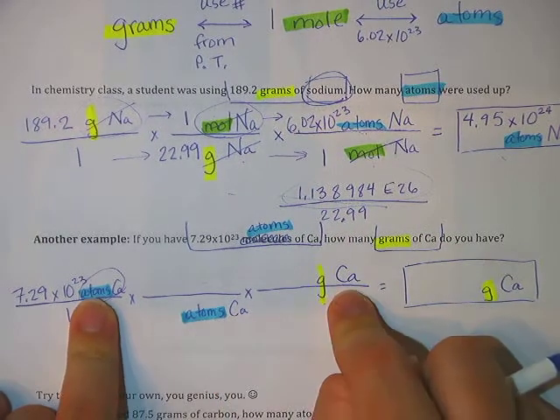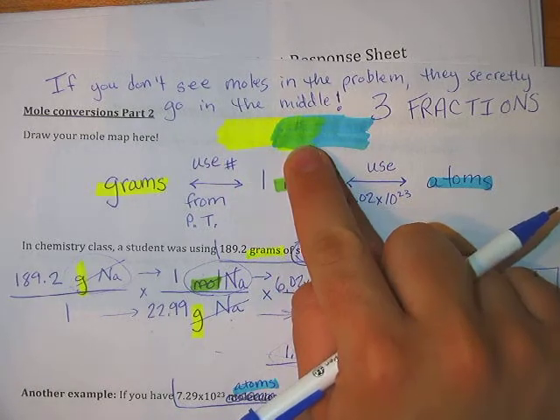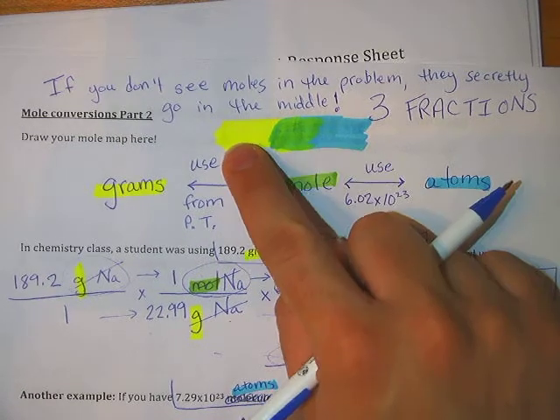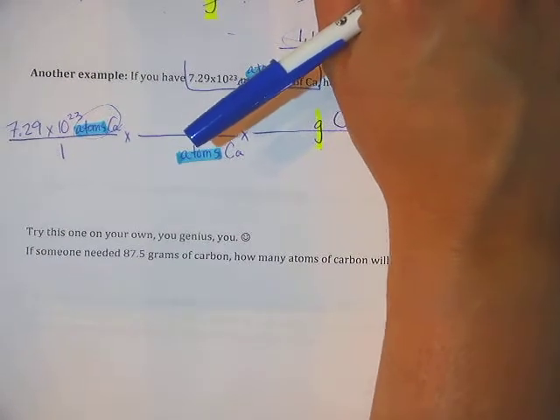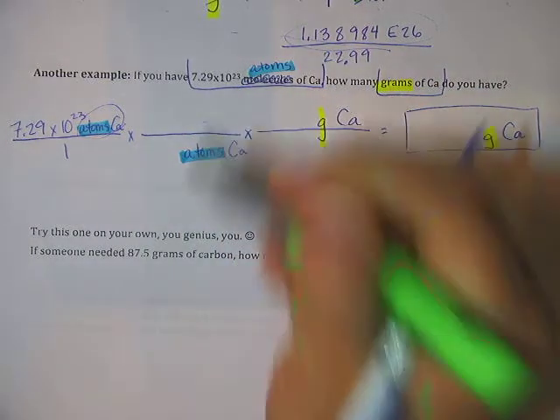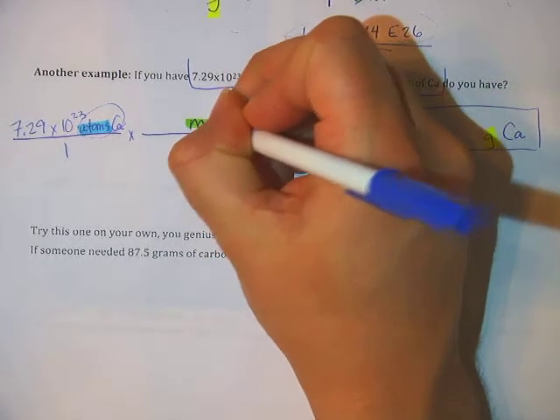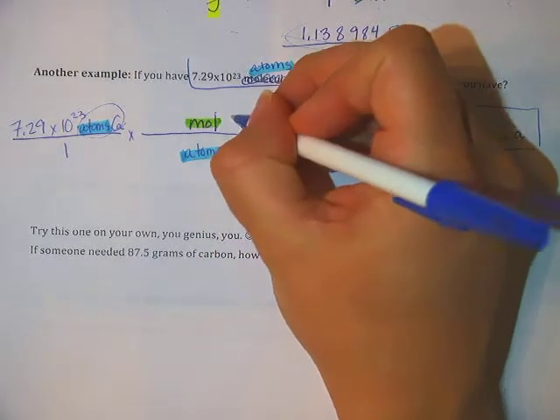I'm trying to get to yellow. But if I try to go from blue to yellow, in the middle, I'm always going to have green. Wherever blue tries to touch yellow, there's always going to be green, which means next after blue has to be green. And I know that green is moles. We're still talking about calcium.